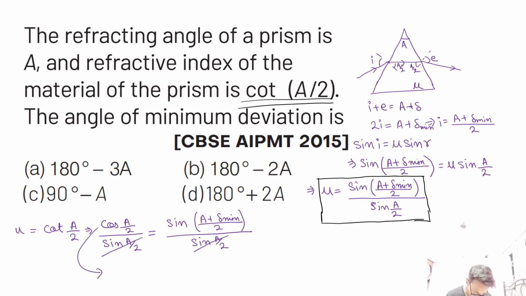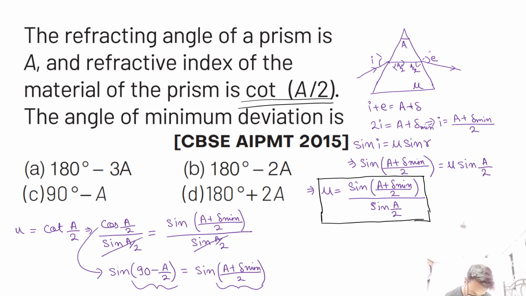This cos A by 2 is nothing but sine of 90 minus A by 2. Sine of 90 minus any angle is equal to cos of that angle, which equals sine of (A plus D minimum) by 2. From these two relations, can I say 90 minus A by 2 is equal to (A plus D minimum) by 2?